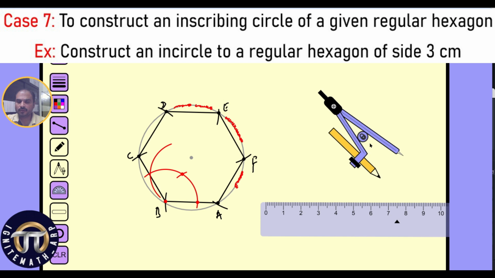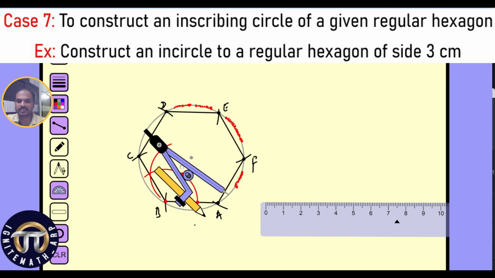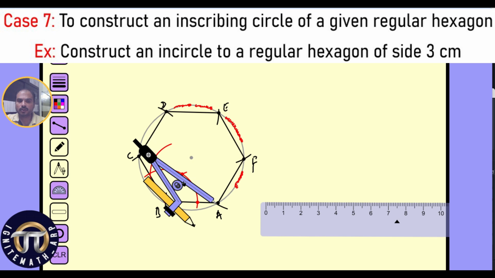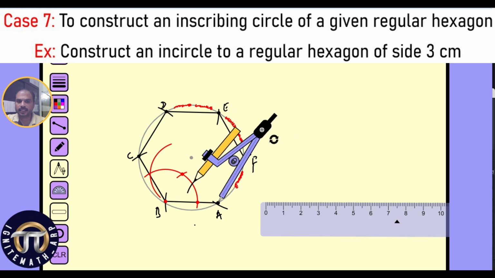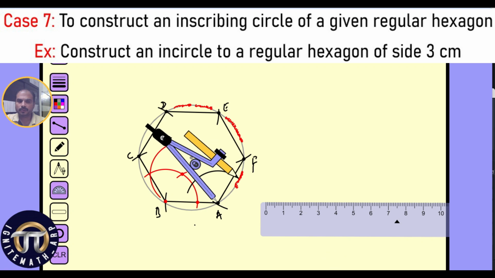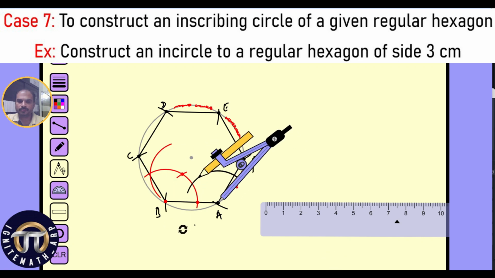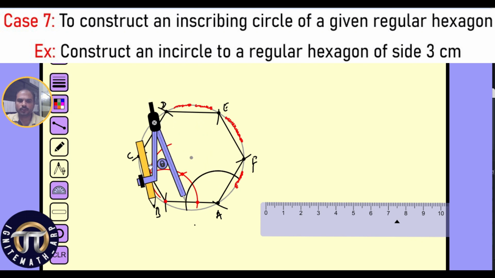Now just as in the case of the triangle, where to construct the incircle we bisected the angle, similarly here we have to bisect any two non-opposite angles of the hexagon. Clear, children? So I'm going to bisect angle A first of all.